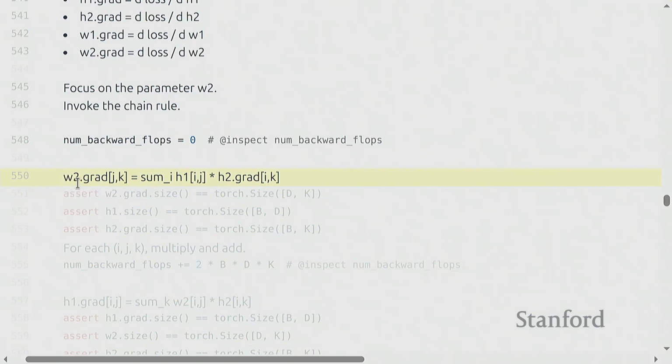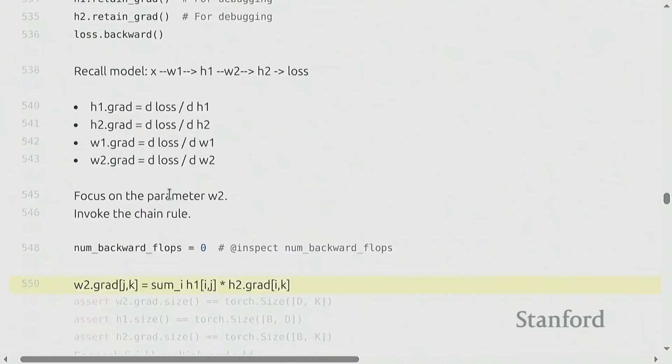So the gradient of the loss with respect to W2, dW2, is you sum h1 times the gradient of the loss with respect to h2.